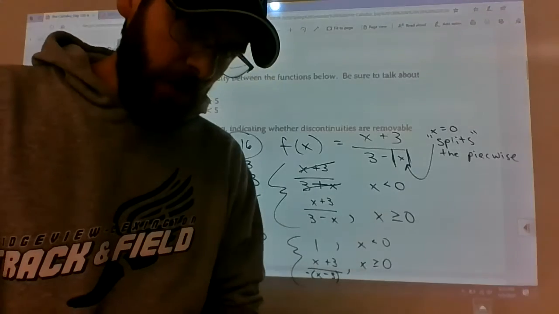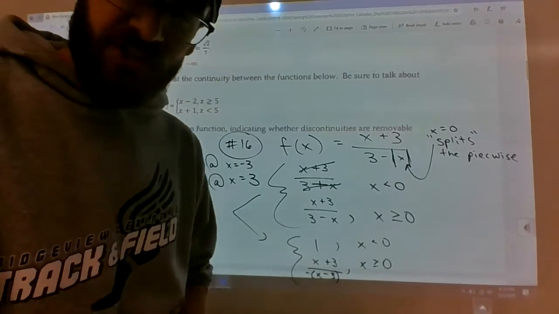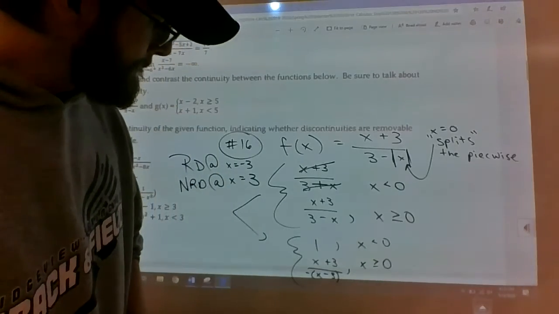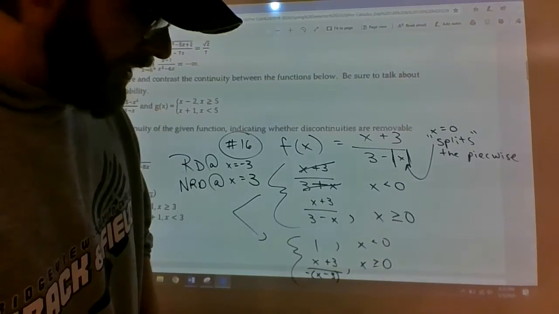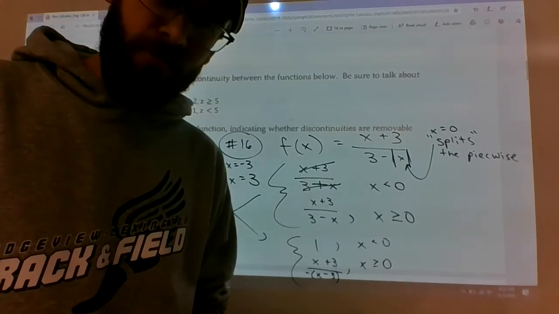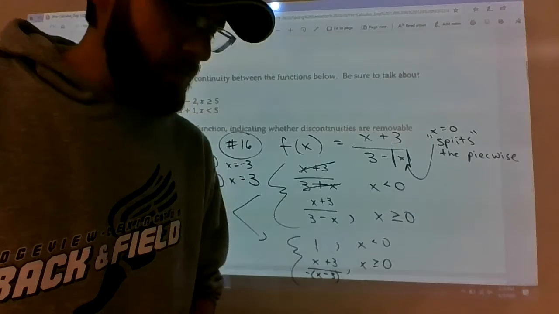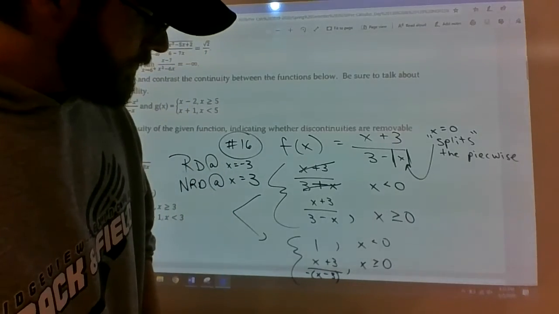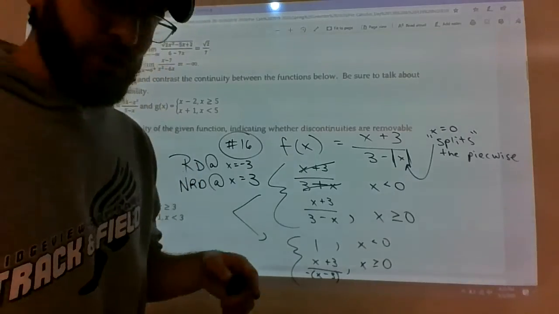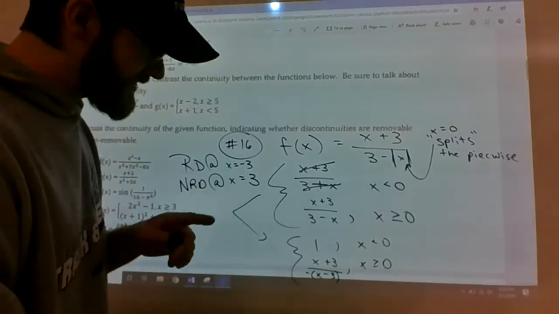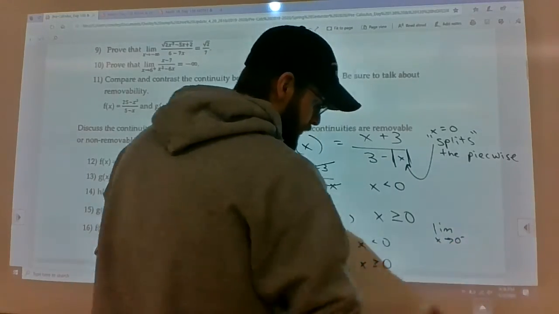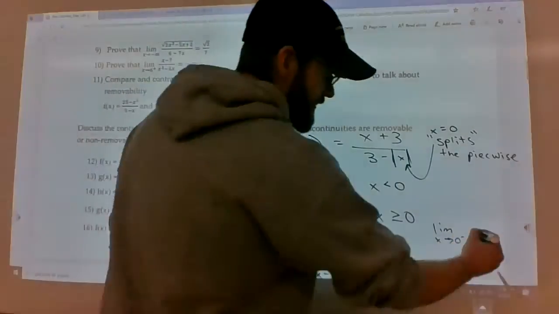Now, what about 0? It's just the place where the piecewise splits apart. But does it split apart at an asymptote? No, it doesn't. But here's what you should do to test 0. Say, okay, the limit as x approaches 0 from the left is 1.